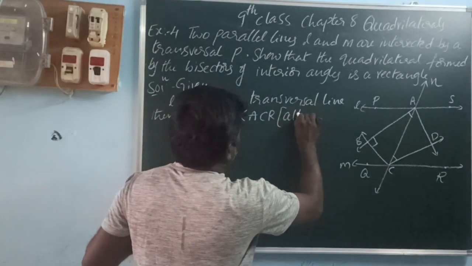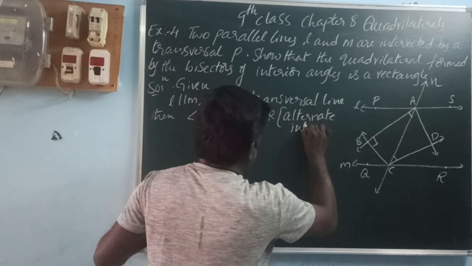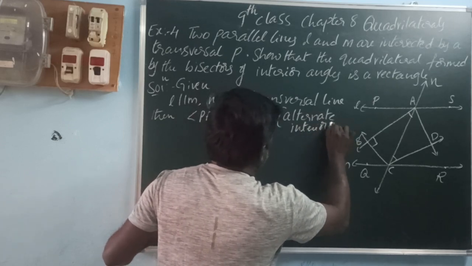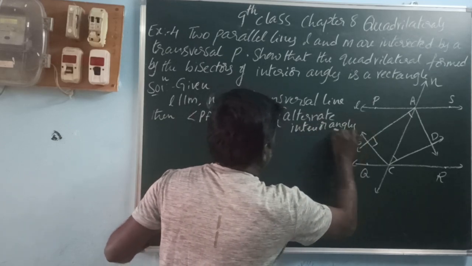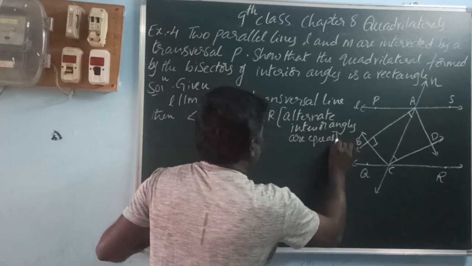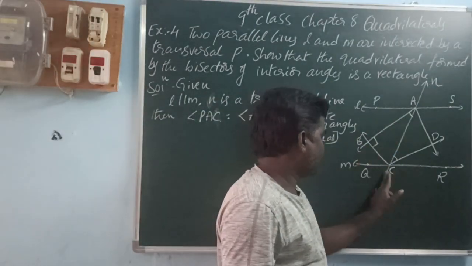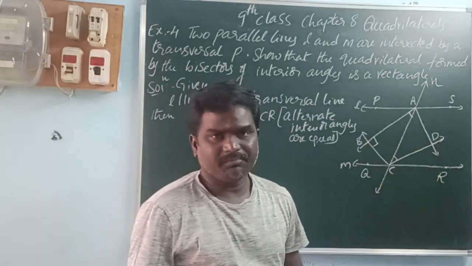Alternate interior angles are equal. So here ABCD is a quadrilateral.